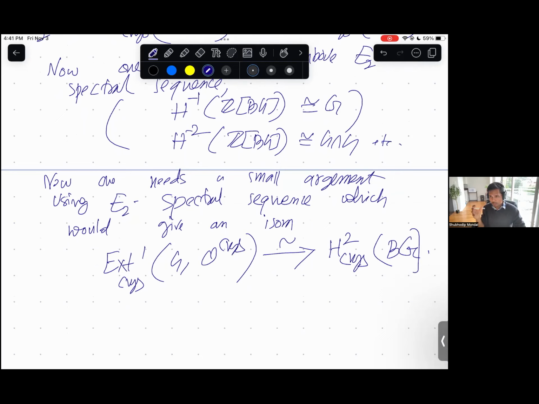So one still needs to understand some... Sorry, what's this H2 say on the right-hand side? I guess I didn't follow the question. Oh, sorry. You mean the sign here? So it's G wedge G, wedge 2G, over Z, the integers.